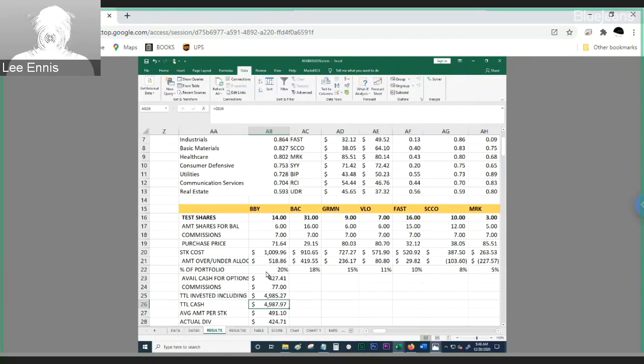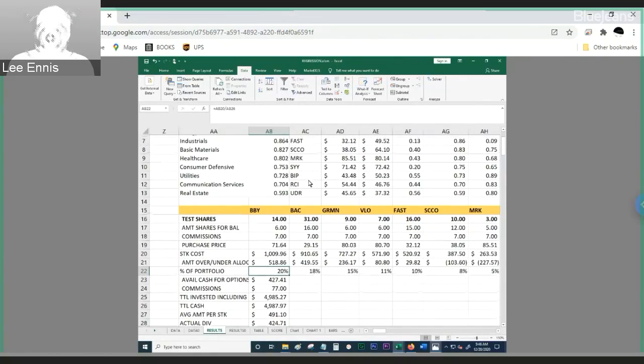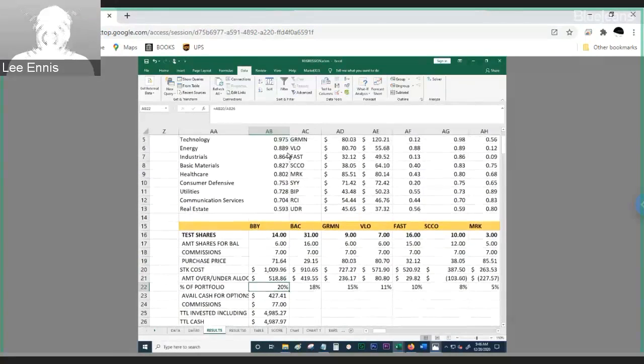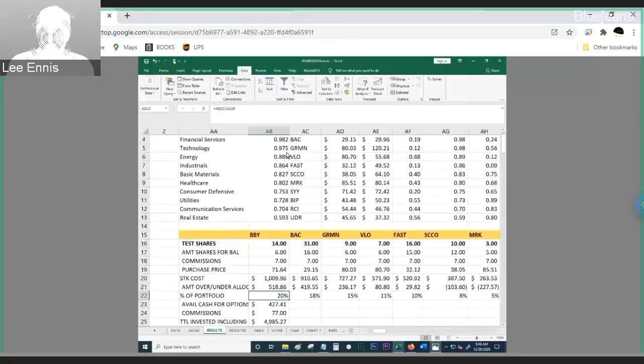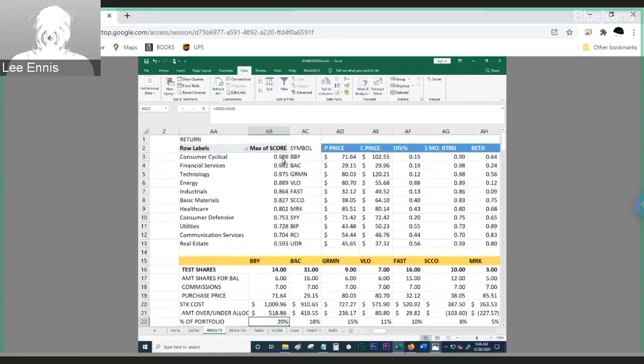Now, what you're looking at here is a percentage of the portfolio. This is something that I came up with a while back. This can be changed, but this is what I came up with. It's just an easy way to spread it across the board. The company with the largest score for returns gets the larger percentage of the portfolio.